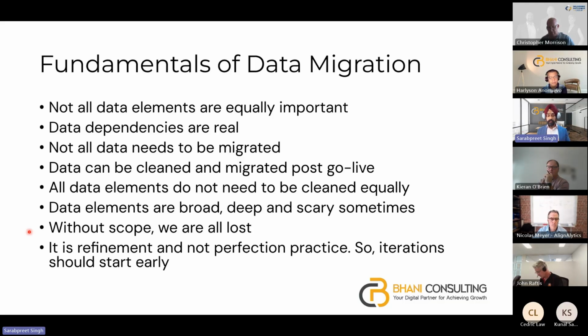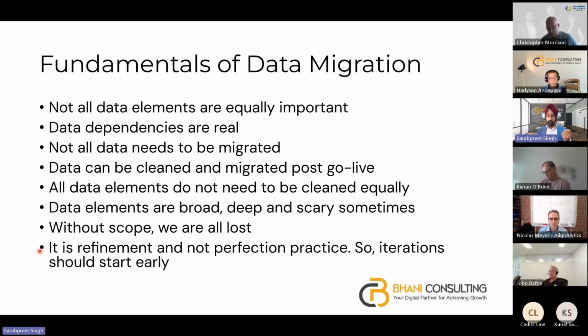And last but not least, data migration is a refinement activity. It is not a perfection activity. So if you are hearing from your team, "I'm working and working, I'll deliver the complete list in 3 months' time," there is something fundamentally wrong.